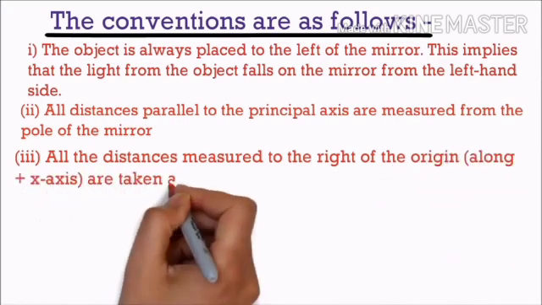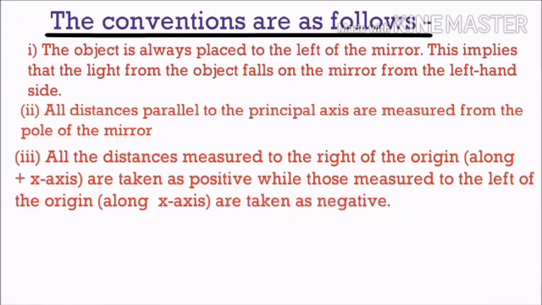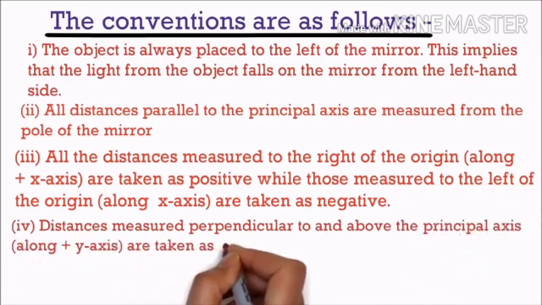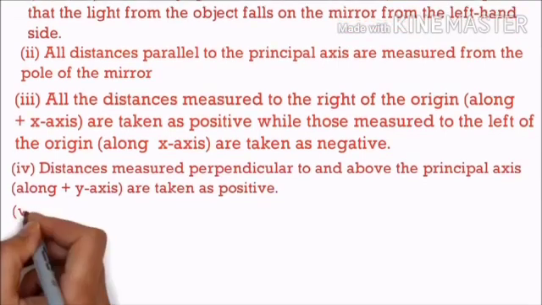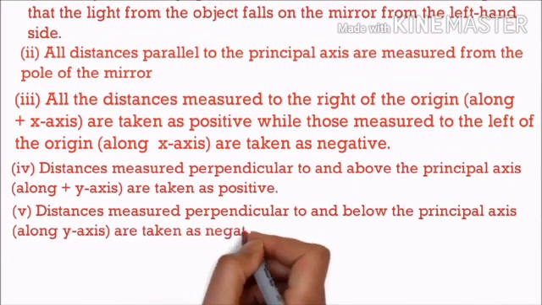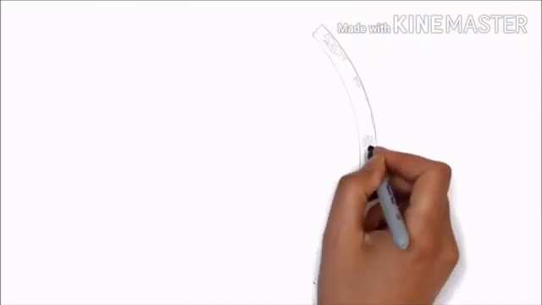All distances measured to the right of the origin, that is along the positive x-axis, are taken as positive, while those measured to the left of the origin, along the negative x-axis, are taken as negative. Distances measured perpendicular to and above the principal axis, that is along the positive y-axis, are considered positive. Distances measured perpendicular to and below the principal axis, that is the negative y-axis, are considered negative. These are all the sign conventions.